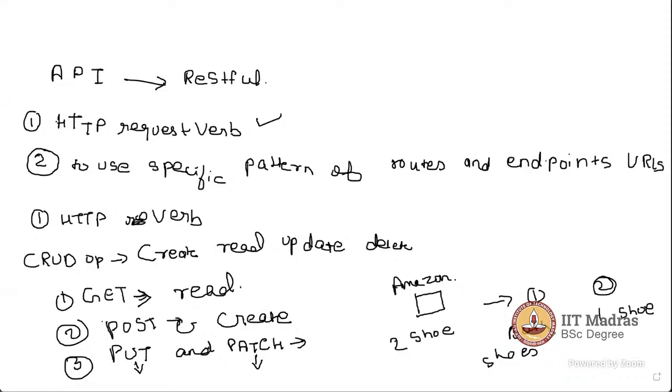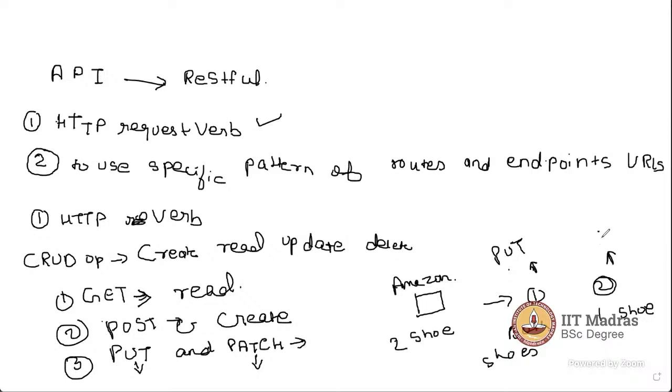If we talk about PUT and PATCH, this is a minute difference. PUT is an HTTP method used to update the resource completely; this is what we can relate to PUT. PATCH is nothing but updating a particular part of the resource, and not updating the whole resource.